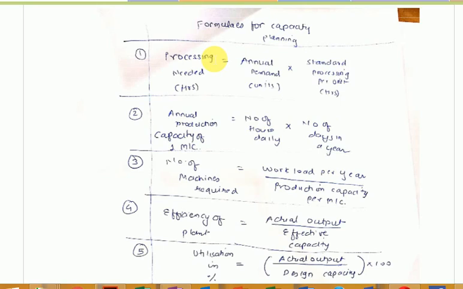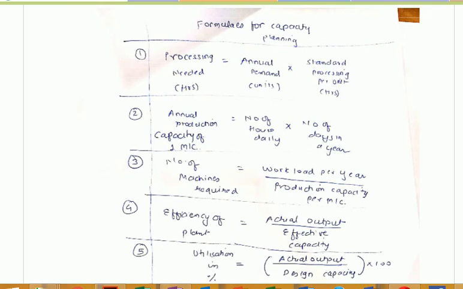Now the third formula which we want to understand is workload per year. What do you mean by workload per year? In simple terms, it is adding all the processing needed given to you in the question, which is the first formula.